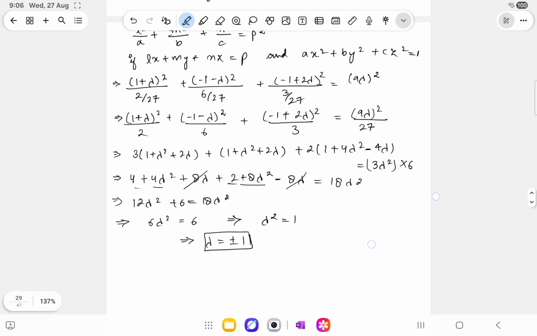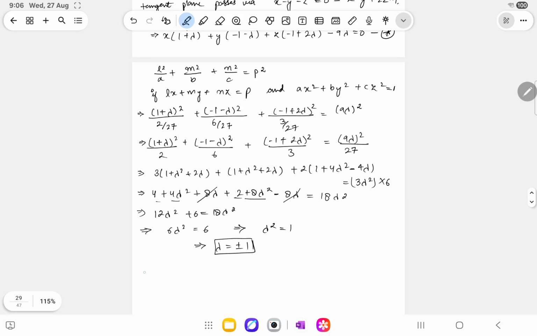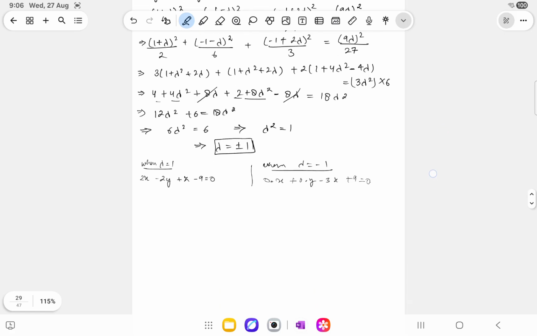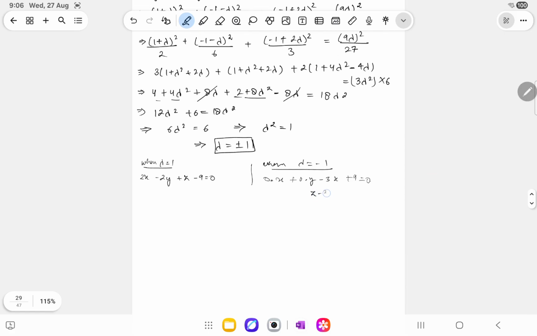So the equation of plane when my lambda is 1 is 2x minus 2y plus z minus 9 is equal to 0, and when my lambda is minus 1, the equation of plane is 0 into x plus 0 into y minus 3z plus 9 is equal to 0, which is basically z minus 3 is equal to 0.